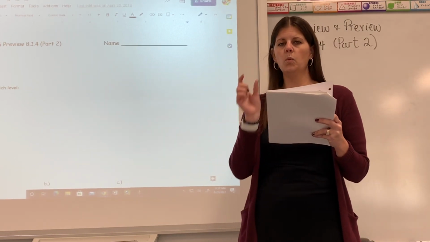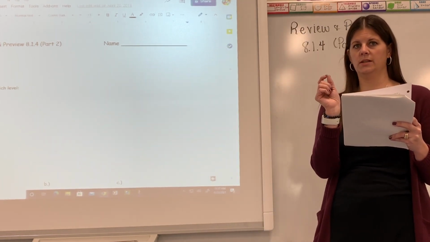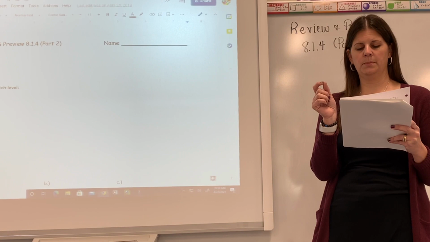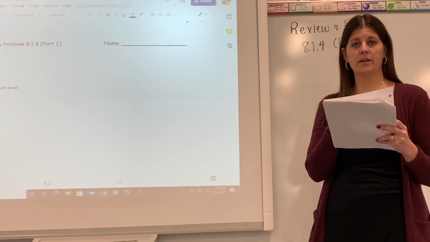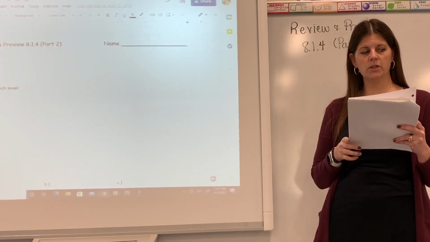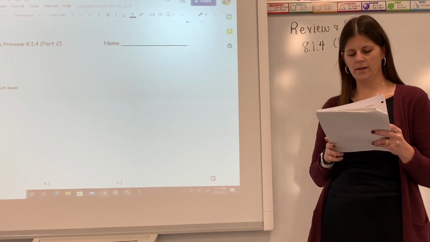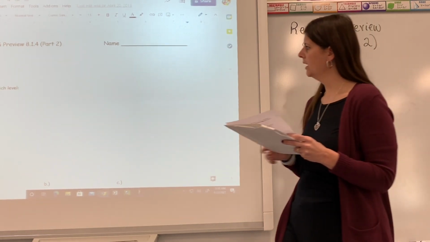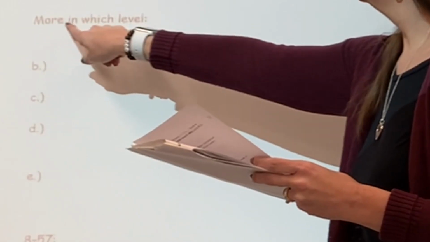So look at the width of each of those sections on that particular box plot that you're choosing, to tell which group would have more in that age. And that's what this part tells me here. More in which level? You're going to say K-2, 3-5, or 6-8 has more because.